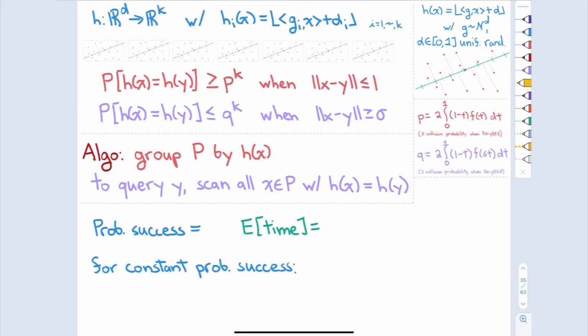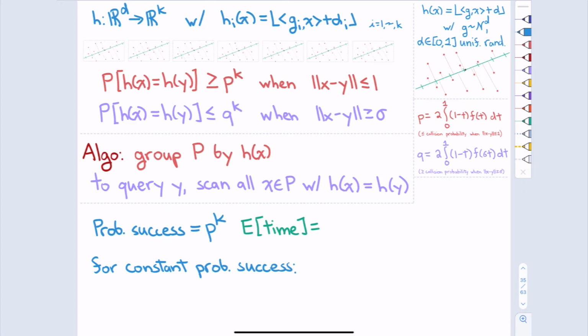So now here's our setup. If I do this, what becomes my probability of success? Before it was p, now it is p to the k.